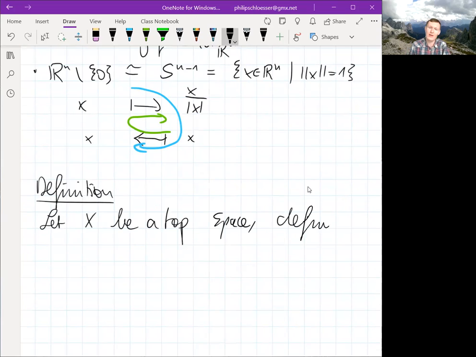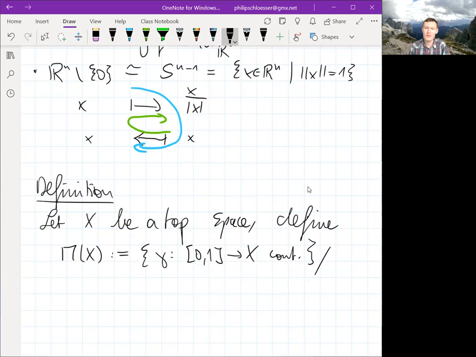Define, I've called it capital pi of X, to be, well, the set of paths modulo homotopy relative to the endpoints. This is sort of what we have already hinted at.